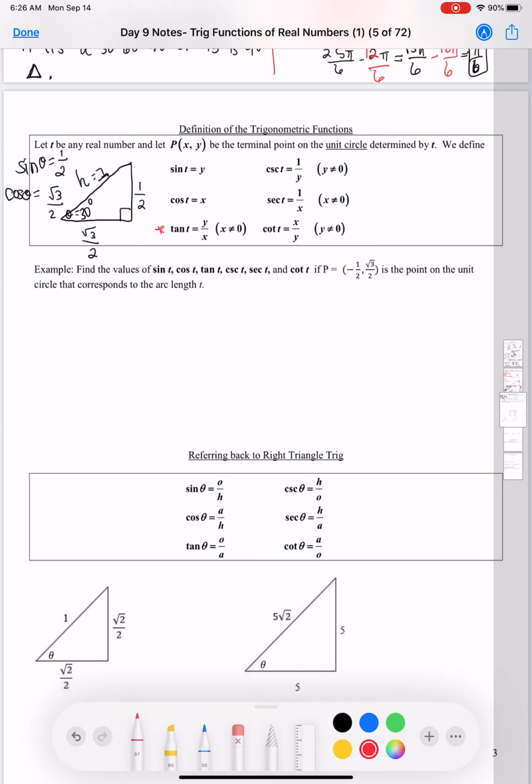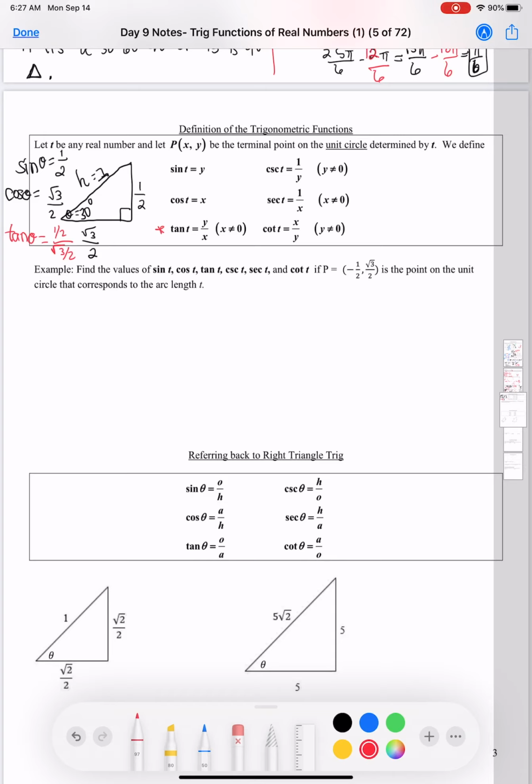So for this example, I'd have tangent of the angle: y, or sine, is 1/2 on top over cosine, or x. Now I would want to get rid of the square root in the denominator and simplify this. For time purposes right now, I'm not going to do that, but I just wanted to show you how, knowing sine and cosine, I know tangent.